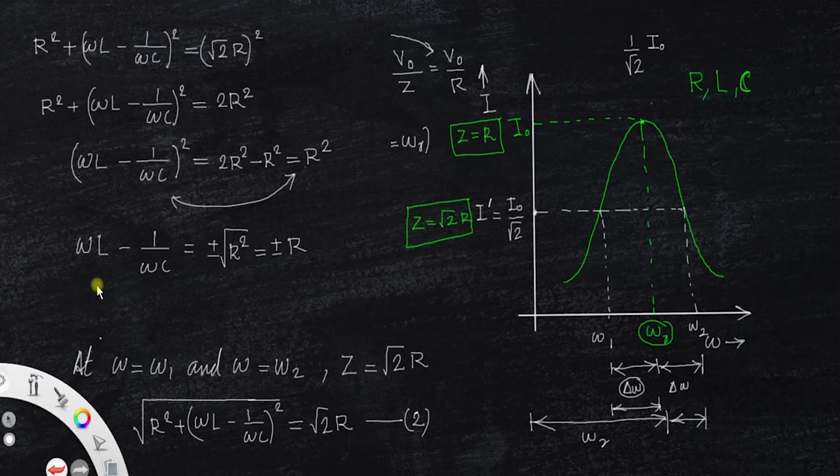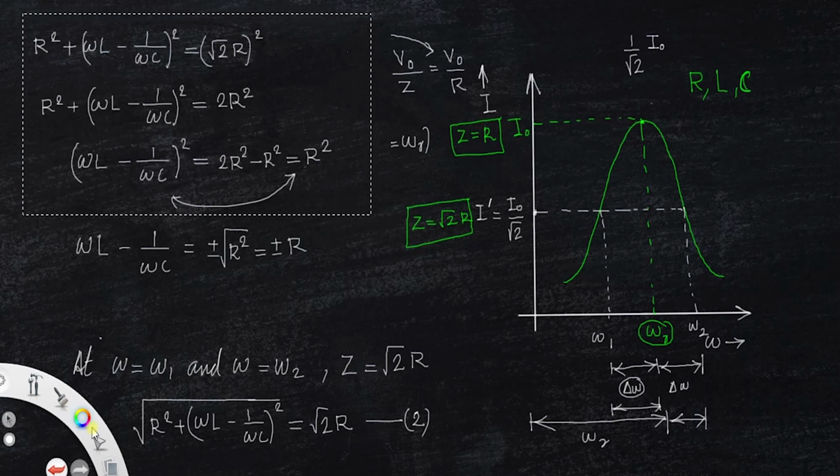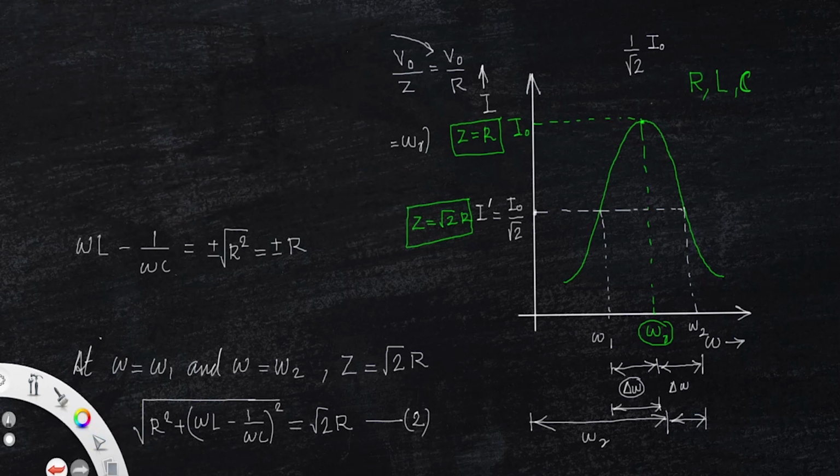That means we have omega L minus 1 by omega C equal to plus or minus R. So we have two values of omega, that this happens at omega equal to omega 1 and omega equal to omega 2. So when omega equal to omega 1, I can put these values in this equation.